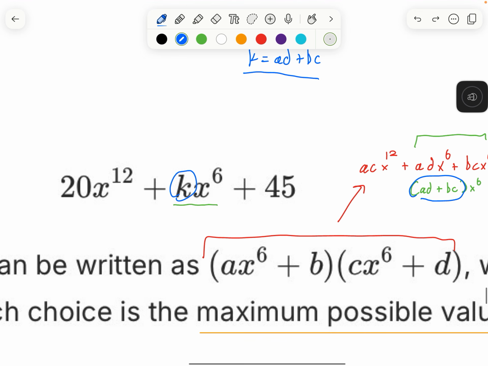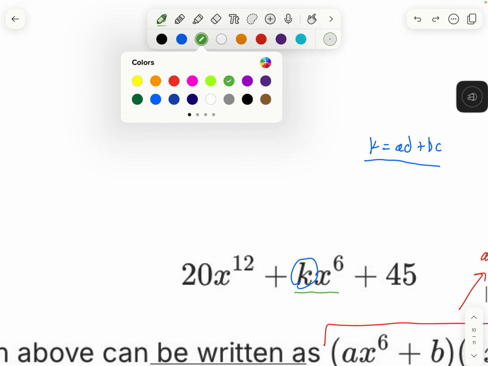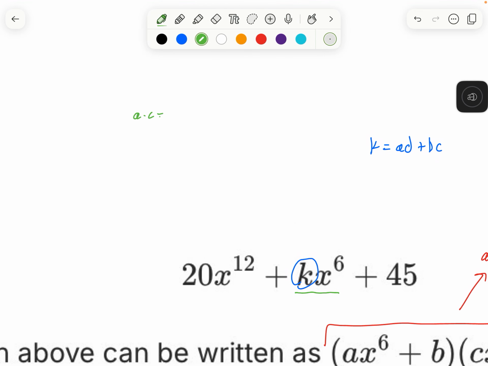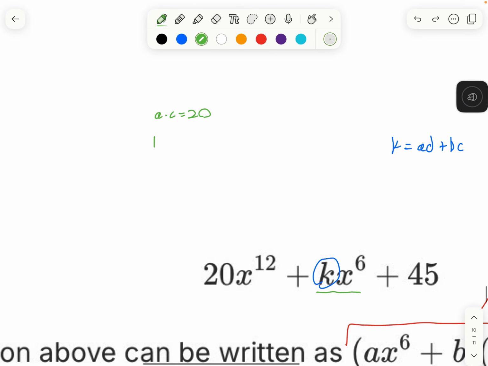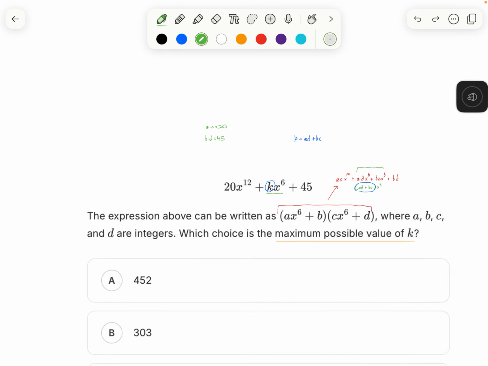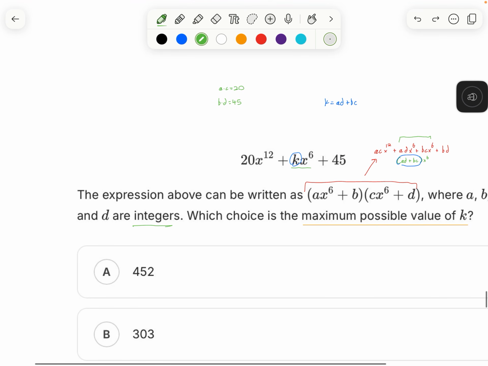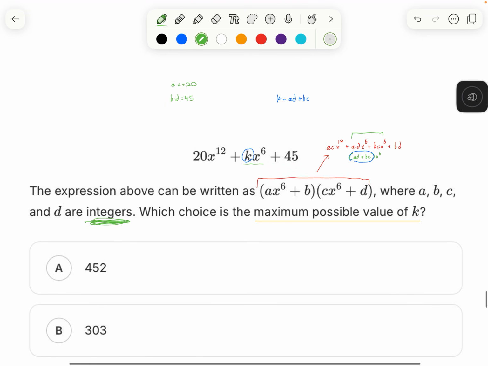So I'll write that. You have a times c equals 20. And likewise, b times d equals 45. Why is this useful? Well, in the first place, they tell us that all of these constants are integers.